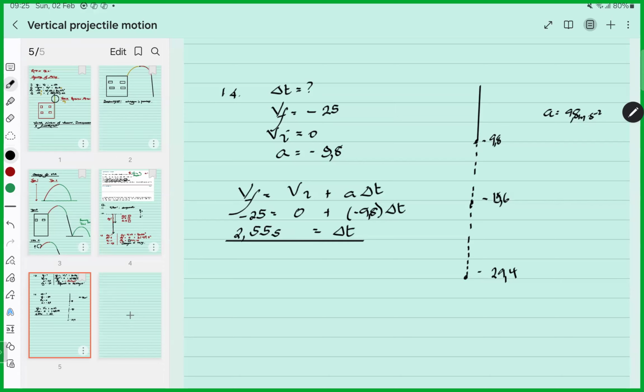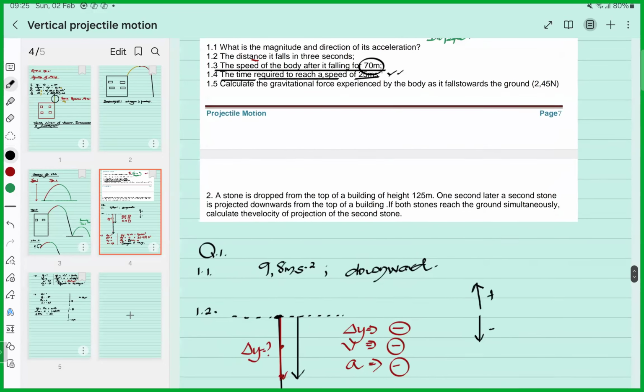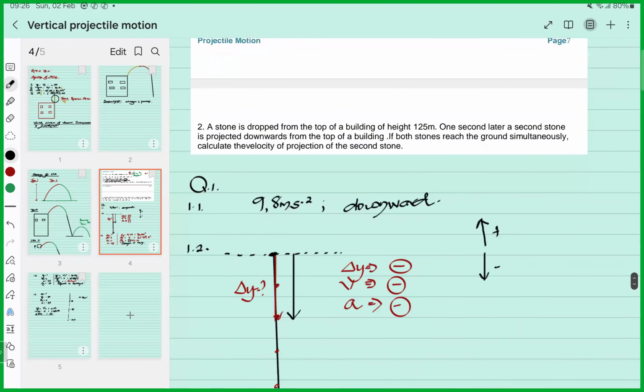Right. And there we have it. That is as easy as you can get them. Maybe one of these questions can come out which is super easy. But to give you a taste of what an exam type question will look like for an object that is dropped, have a look at question 2. Is it difficult? Not really.